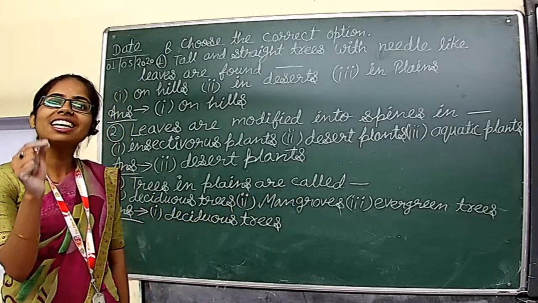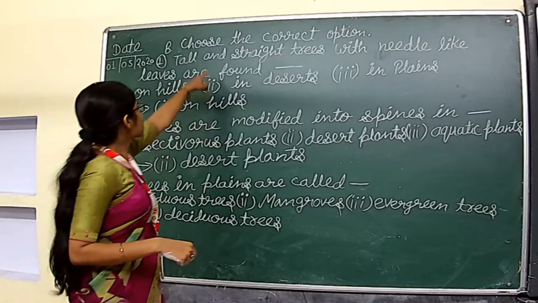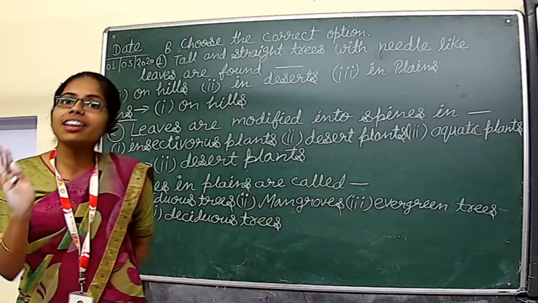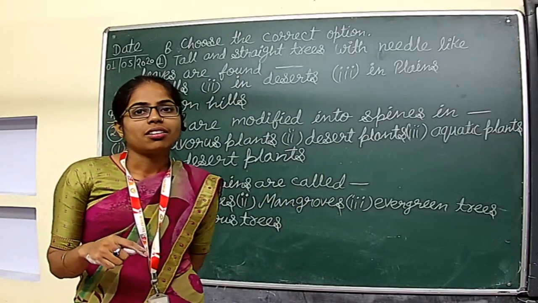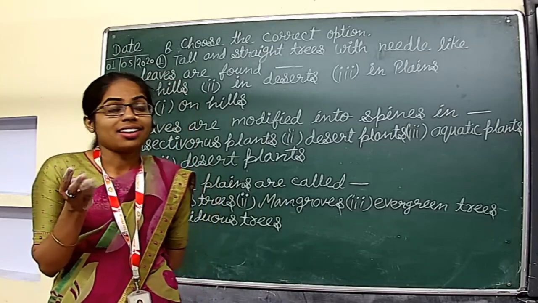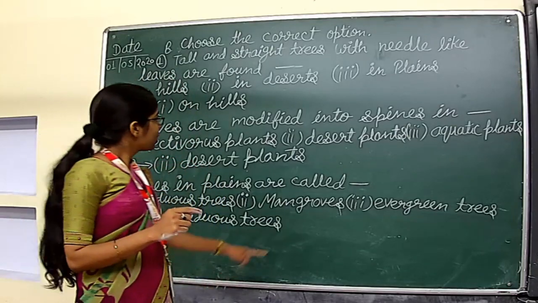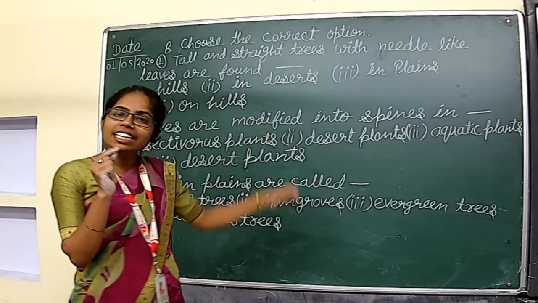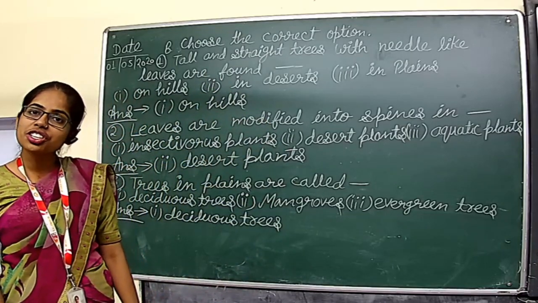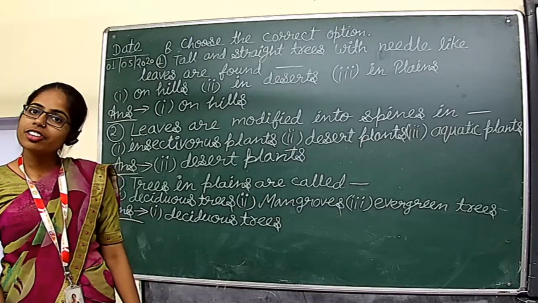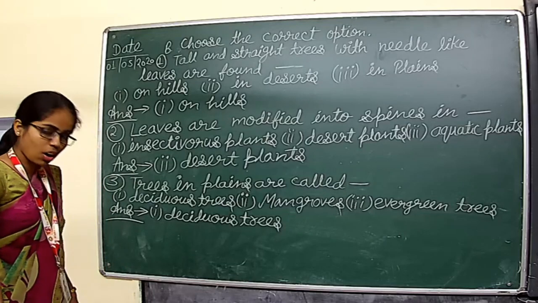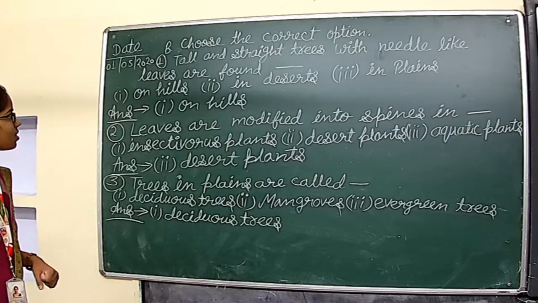Trees in hilly areas, tall and straight trees, do not shed their leaves at all. In the autumn season also, their leaves are not shed. That's why these trees in hilly areas are called evergreen trees. Okay? I hope you all have written this.